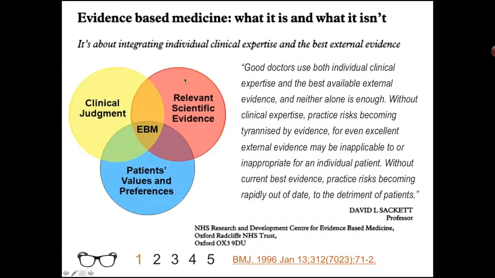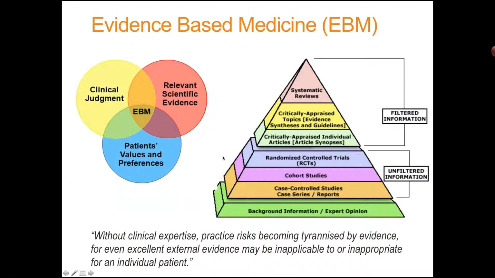So what certain individuals who talk about evidence all the time focus on is really just this circle in here, which is a third of what evidence-based medicine is about, the relevant scientific evidence, which is what we see on the pyramid that I'm showing you now.